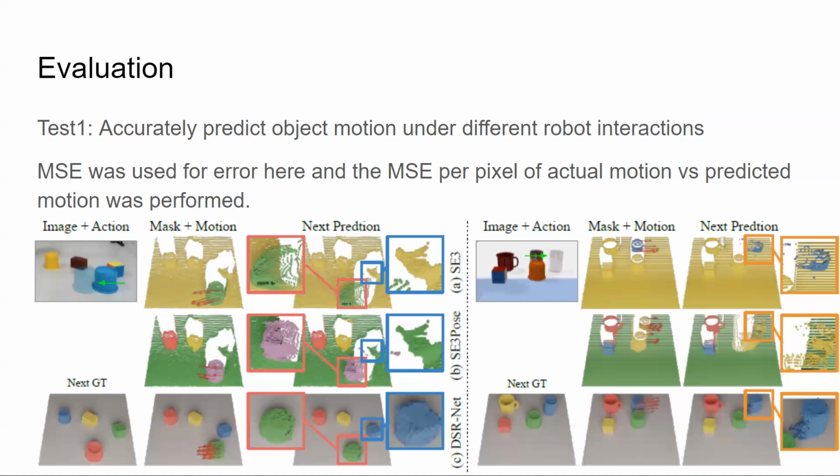For example, with the SE3 pose, first of all, it has certain occlusion behind it.